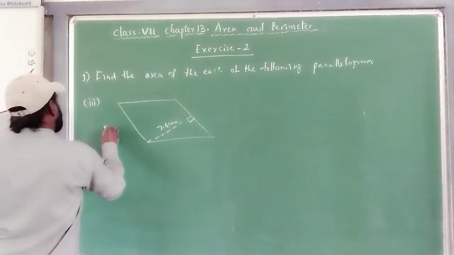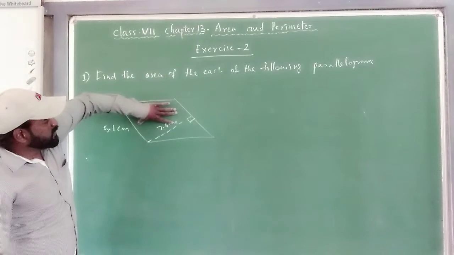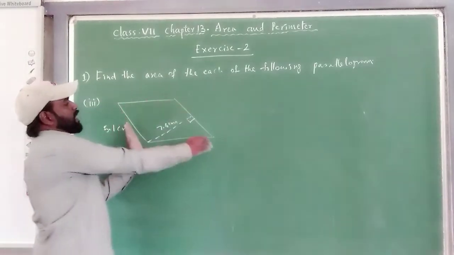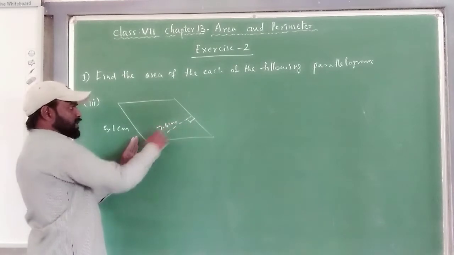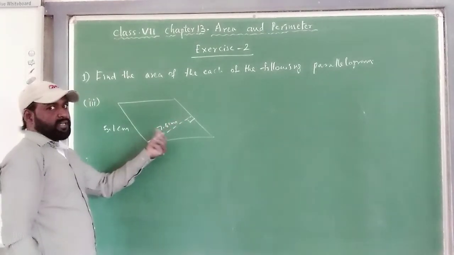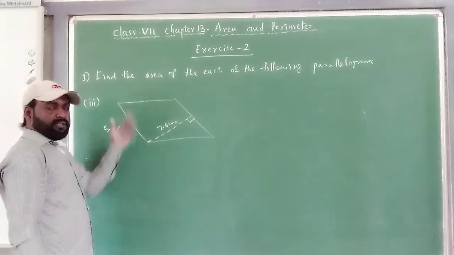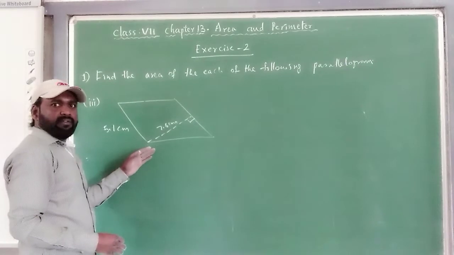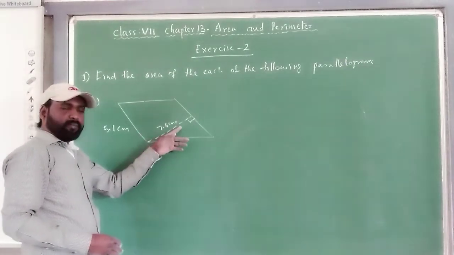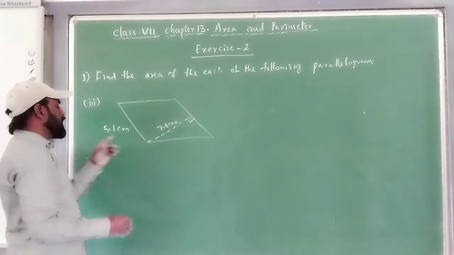The perpendicular distance between the parallel sides, these two parallel to each other, with the perpendicular symbol, that becomes the height. Don't think that height always means in this manner only. In a parallelogram, the distance between the parallel sides is taken as height. So this is how to consider base and height.